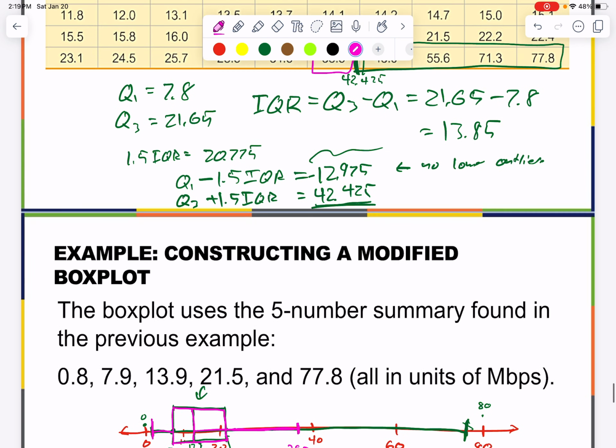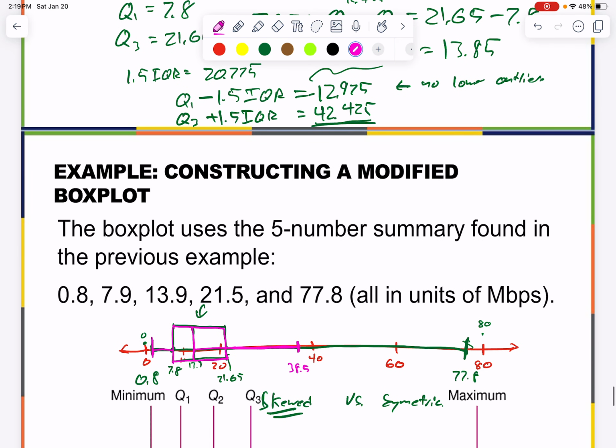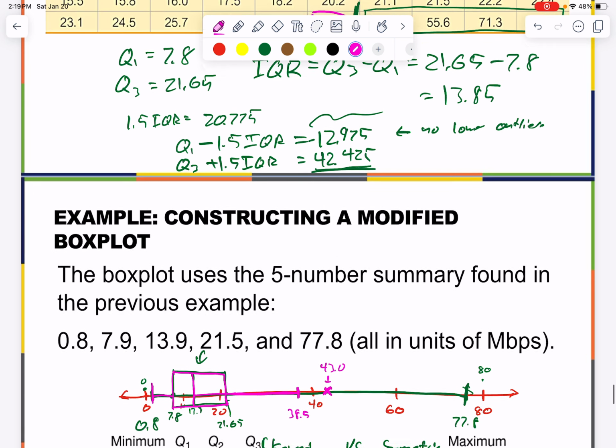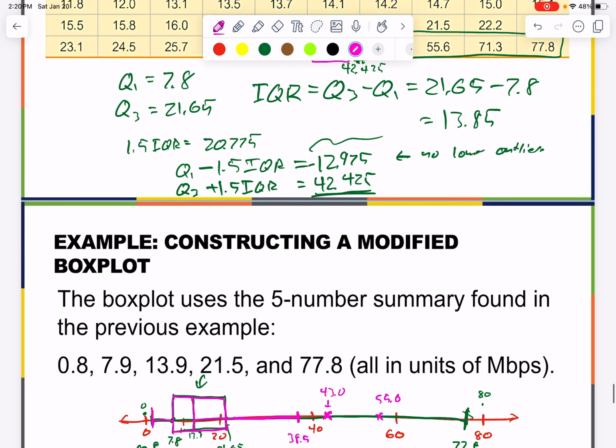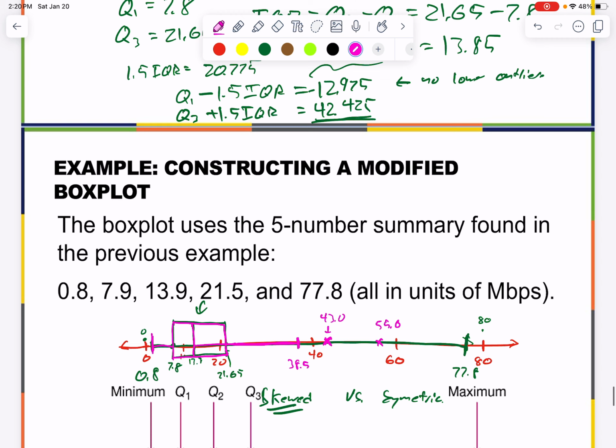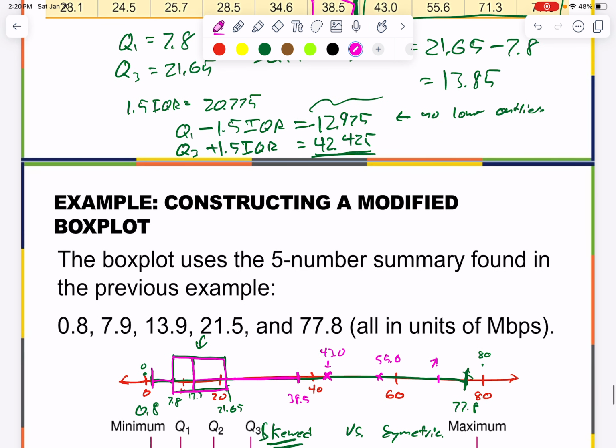And then we have some outliers, one at 43. I'm going to put an X at the outlier. So there's one at 43.0, and then there's one at 55.6. Then there's another one at 71.3.